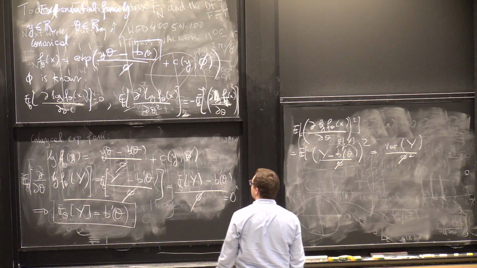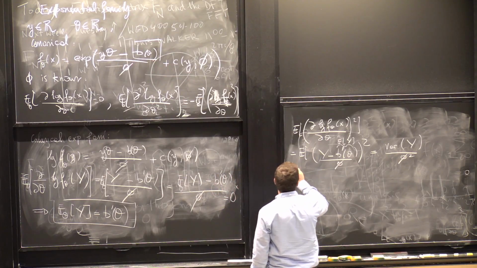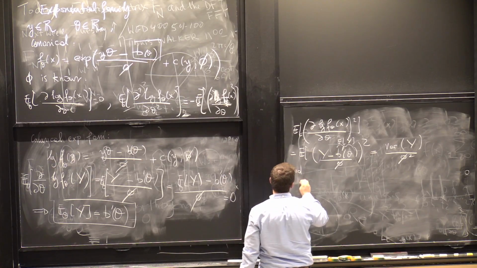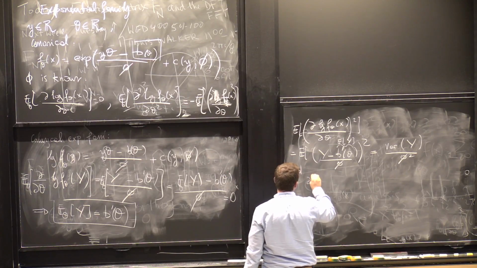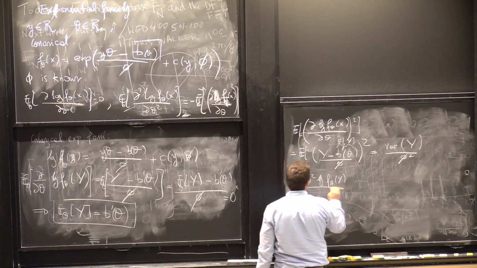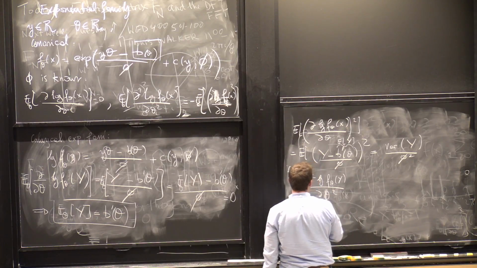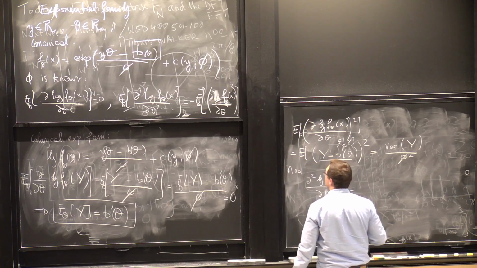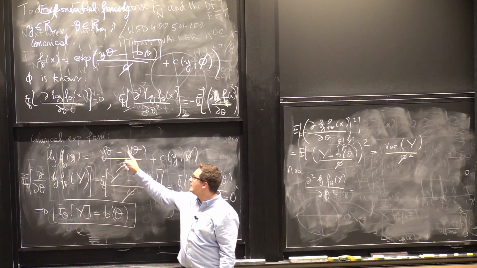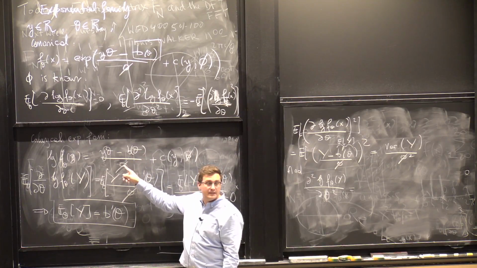And now I just have to take one more derivative. If I look at the left-hand side now, I have the second derivative of log of f theta of y with respect to theta squared. So this thing is equal to, well, now I'm not left with much. The y part is going to go away, and I'm left only with minus the second derivative of b of theta divided by phi.